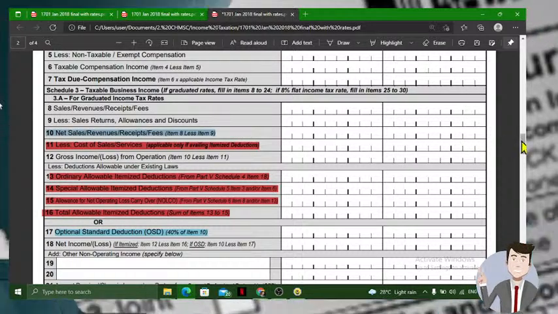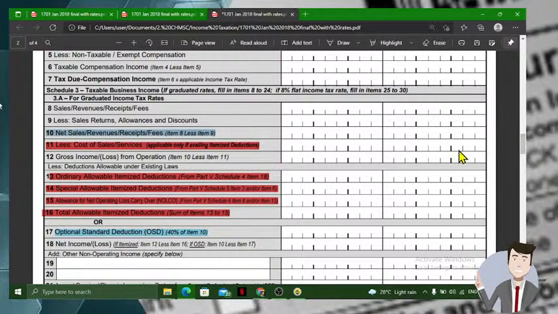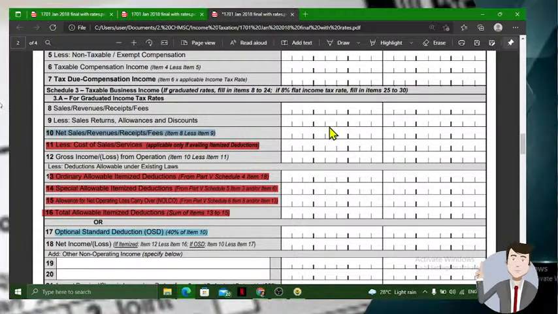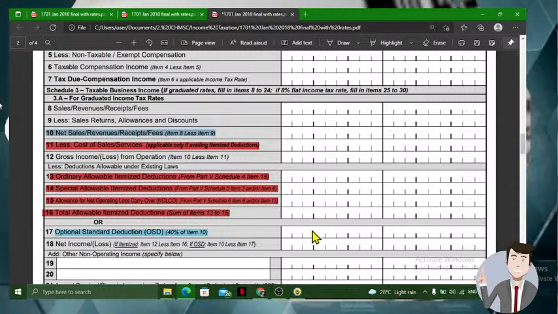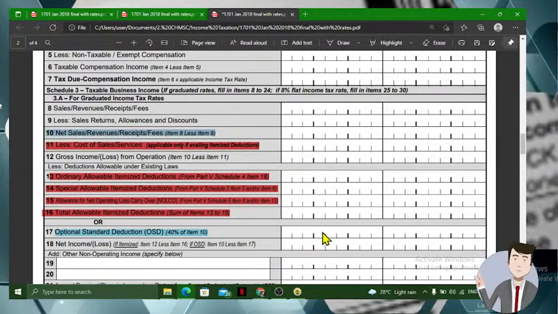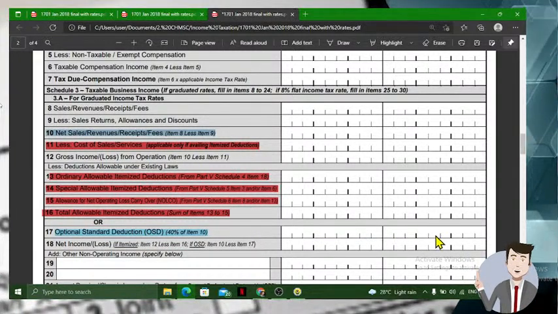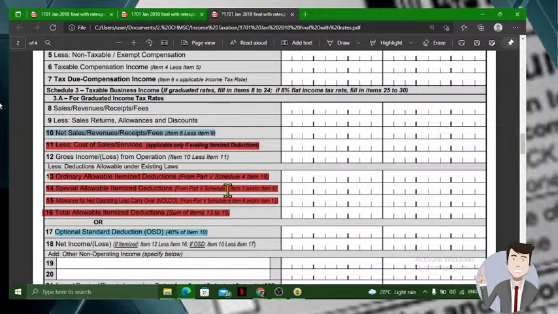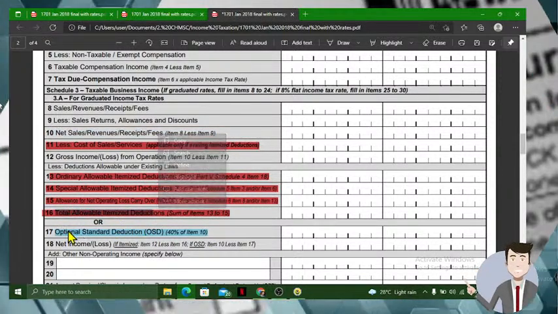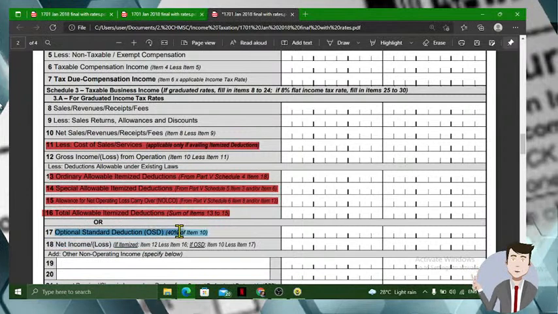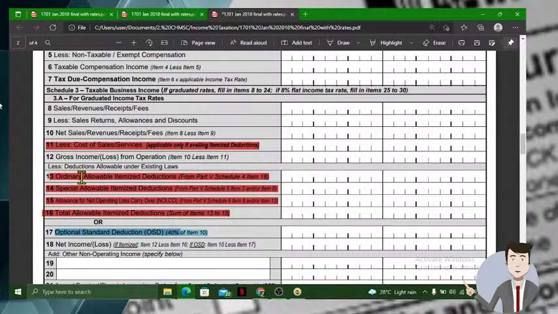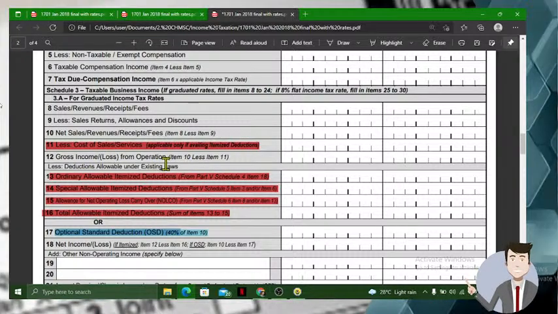That is your item number 10. So whatever amount is filled up or computed in this column, 40% of that should be presented or filled up in this box. Okay? The same is true with your spouse, in the separate column for the spouse. So the difference of your item number 16 and or item number 17 versus item number 12.